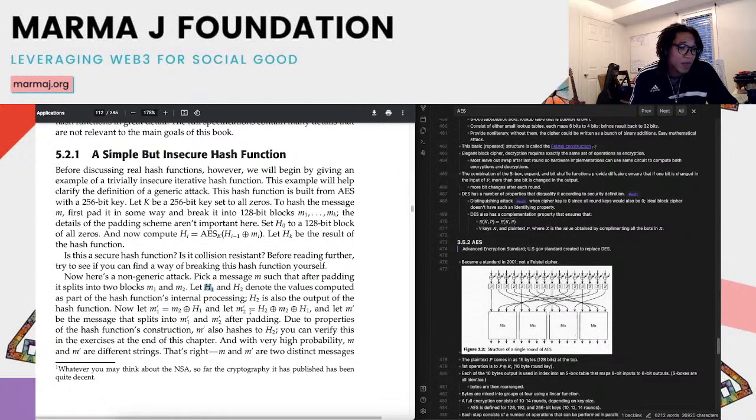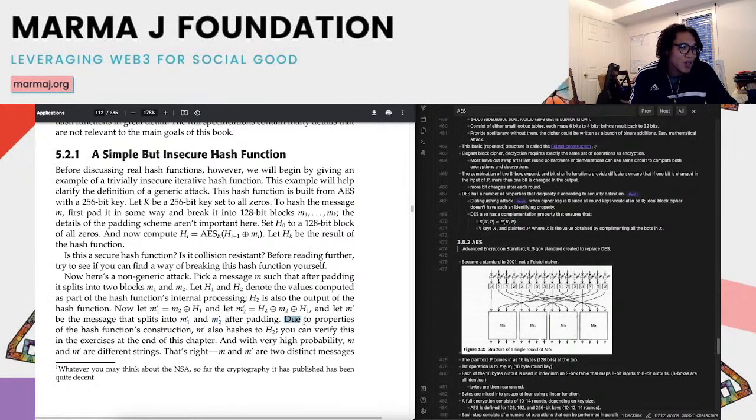Again, let M2 prime be the output of the hash function XORed with the second half of the message, so the padding, guessing is all zeros, it doesn't matter how you pad it, XORed with this other part of the hash function, and let M prime be the message that splits into M1 prime and M2 prime after padding.